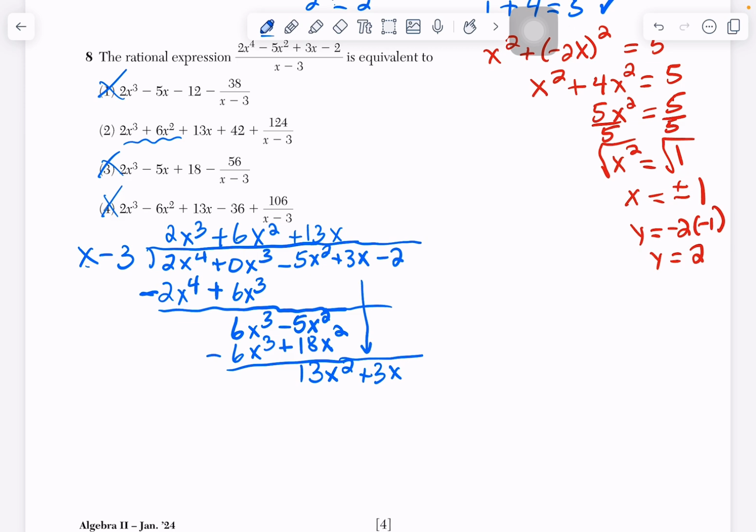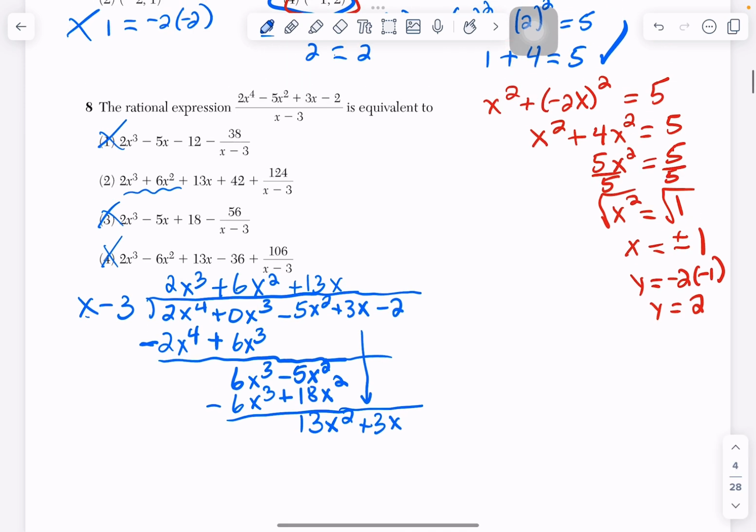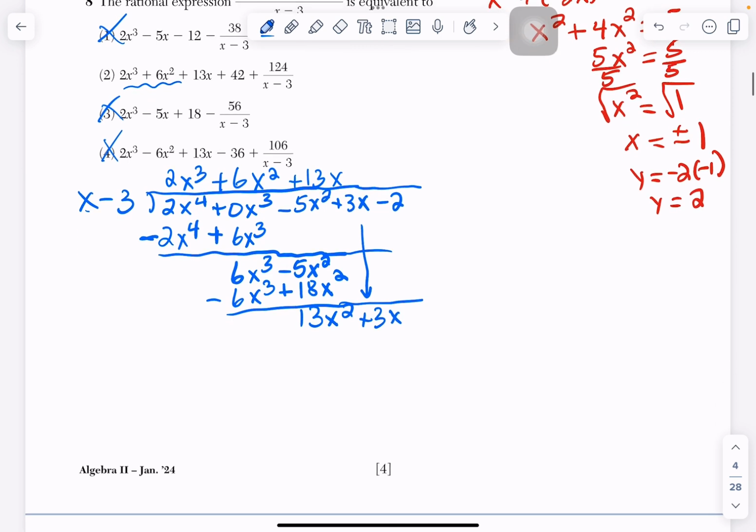Okay, and then if we multiply this out, I get 13x times negative 3 is a negative 39x, and this is 13x squared. Change the signs, and we get 42x. We're going to bring down this last little guy, negative 2.